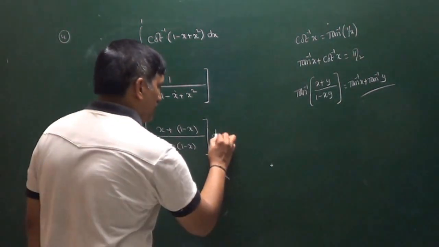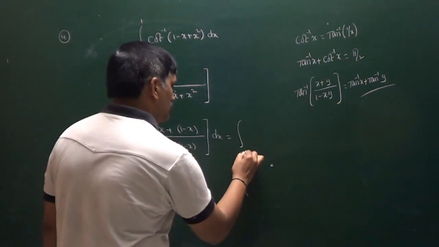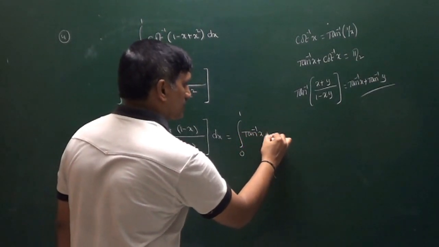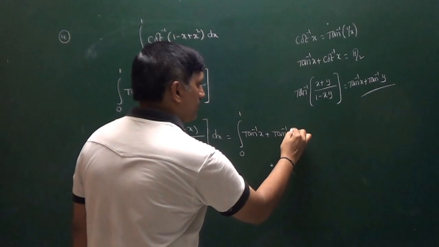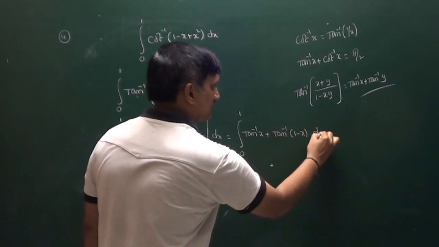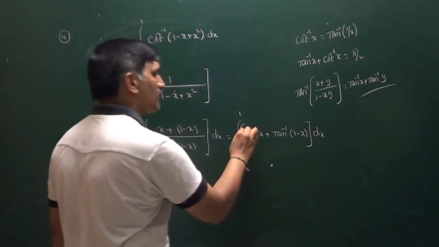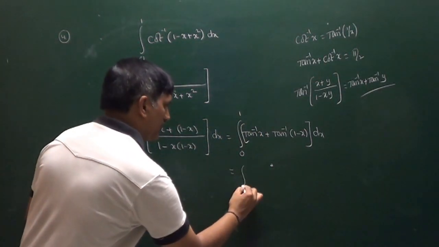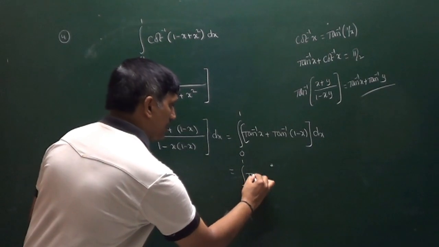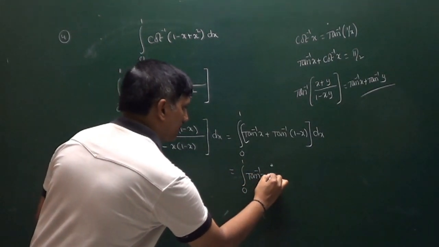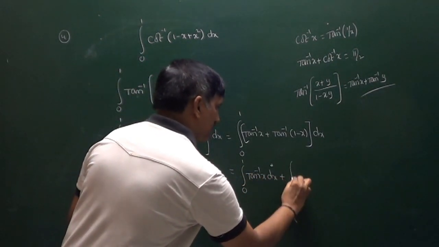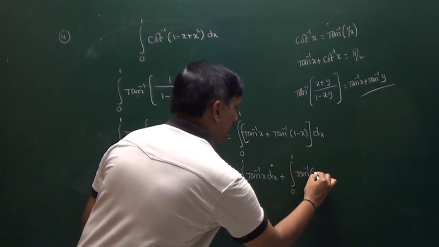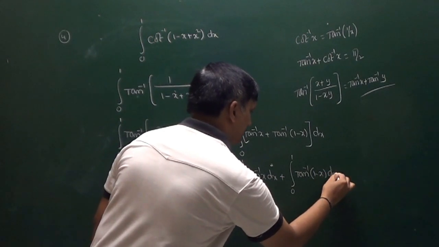We can write this as integration of 0 to 1 tan inverse x plus tan inverse 1 minus x dx. Now almost the problem is going to be complete. This we can write as integral 0 to 1 tan inverse x plus integral 0 to 1 tan inverse of 1 minus x dx.